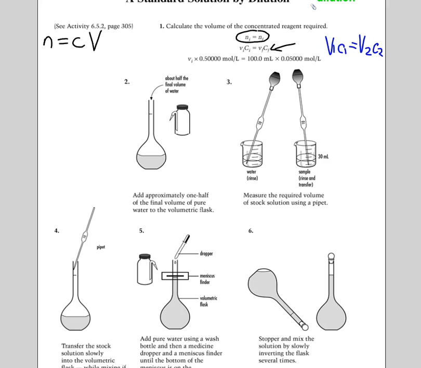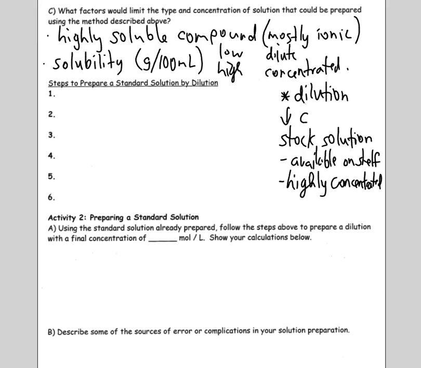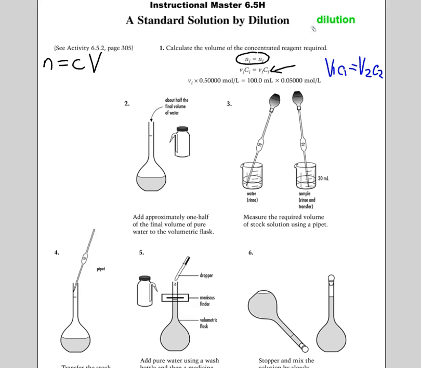So as you're going through this slide here, you're filling in some information. You're also updating the steps involved in preparing a standard solution by dilution. So that'd be step 1, which is the calculation. Step 2 is going to be, as shown there, about half the final volume of water is immediately put into the new volumetric flask.